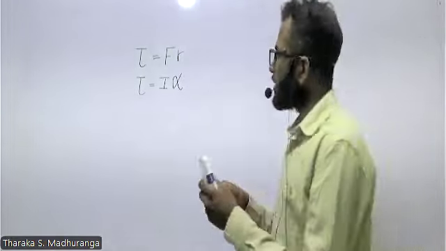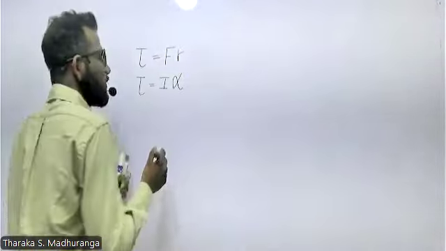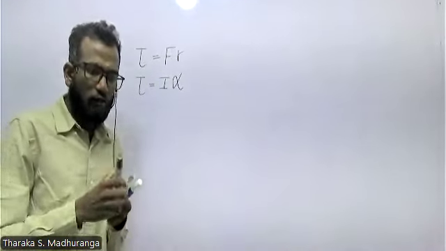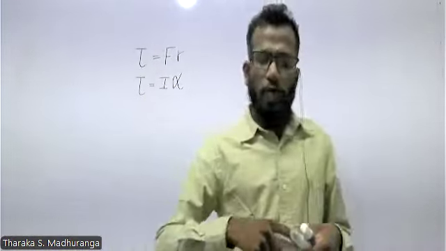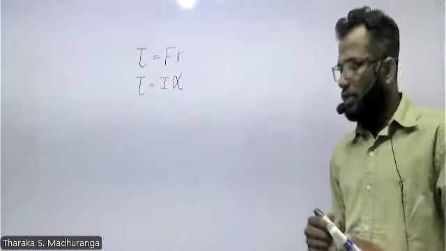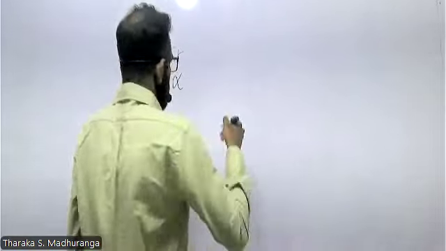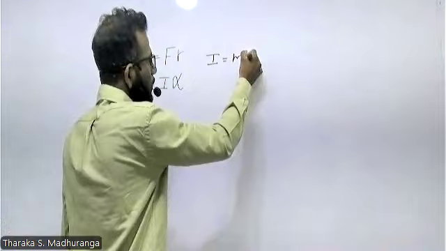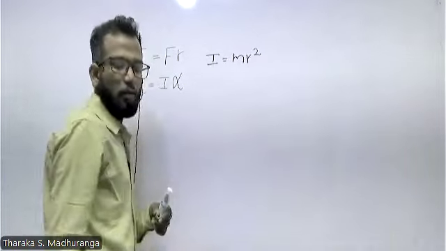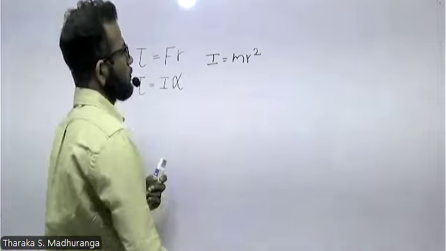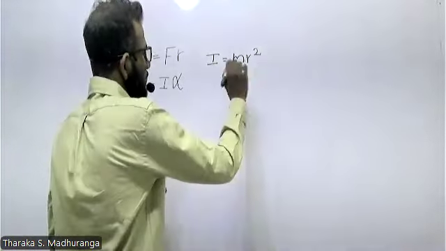Then the moment of inertia. The moment of inertia means the reluctance to change the motion type of any object. The common equation is I equals m r square: the moment of inertia equals mass times the radius squared.